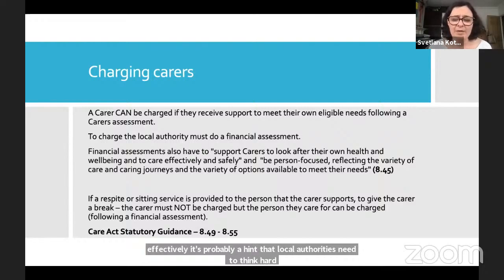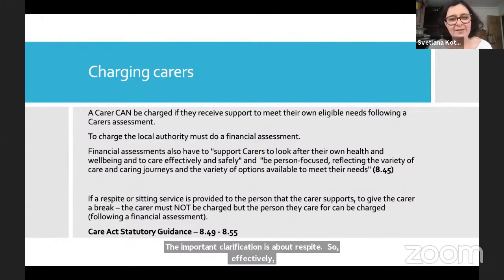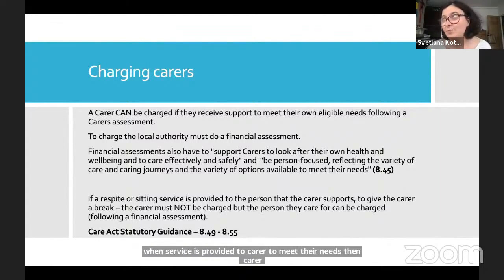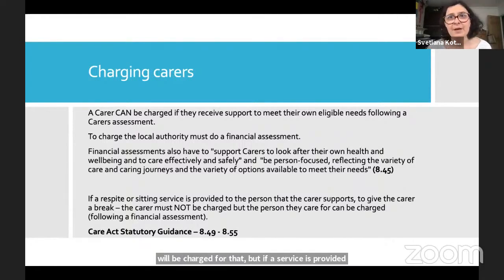The important clarification note is about respite. When a service is provided to a carer to meet their needs, the carer will be charged for that. But if a service is provided to a person, like respite care, it will be the person who is charged for that service, not the carer.